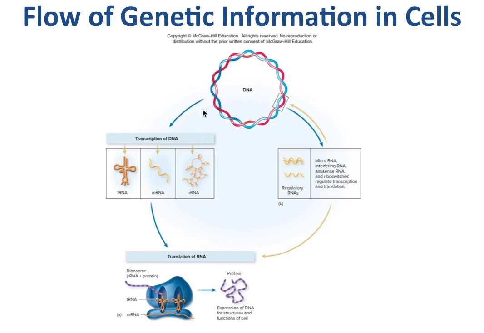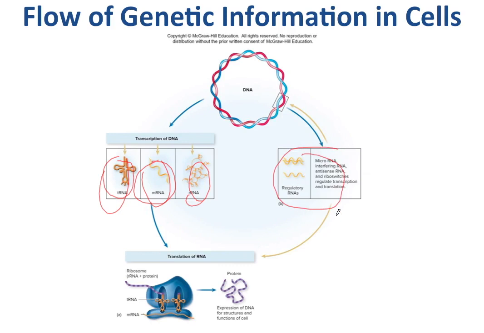So DNA can make different RNAs such as tRNA, rRNA, and mRNA. rRNA is used to make ribosomes. Okay, tRNA is used to transport the amino acid. So only the mRNA contains the information to make the protein. Then there is regulatory RNA such as microRNA, interference RNA, antisense RNA.